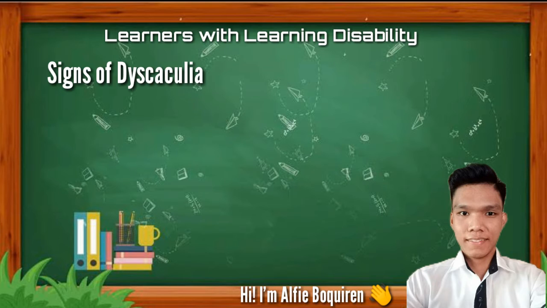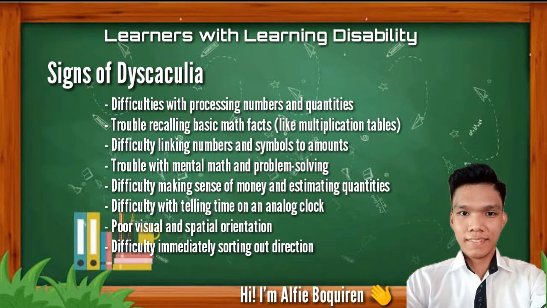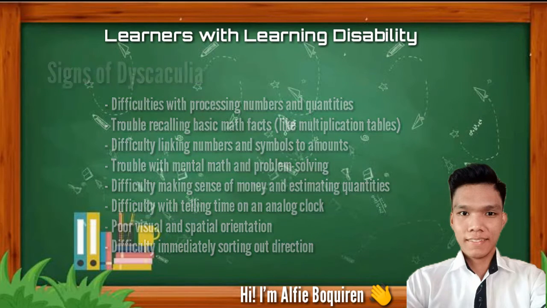These are the signs of dyscalculia: difficulties with processing numbers and quantities, trouble recalling basic math facts, difficulty linking numbers and symbols to amounts, trouble with mental math and problem solving, difficulty making sense of money and estimating quantities, difficulty with telling time on an analog clock, poor visual and spatial orientation, and difficulty immediately sorting out direction.